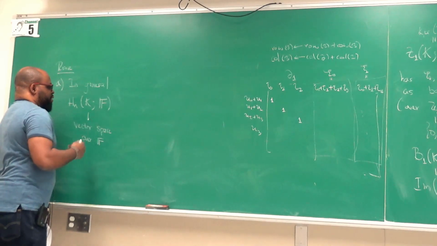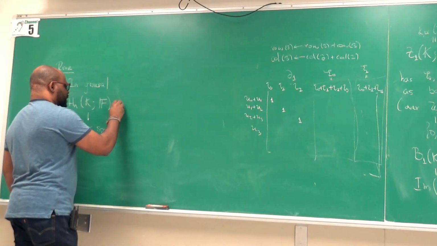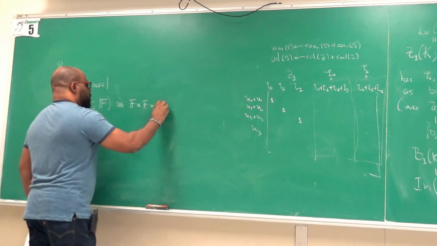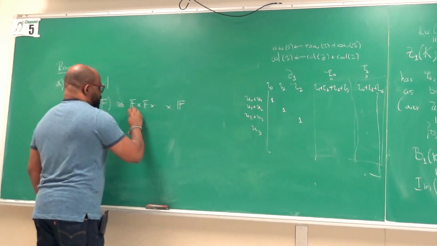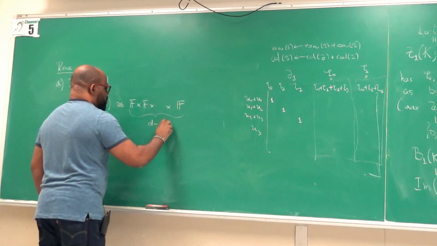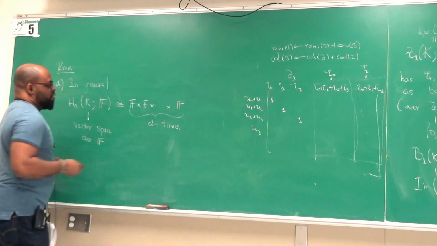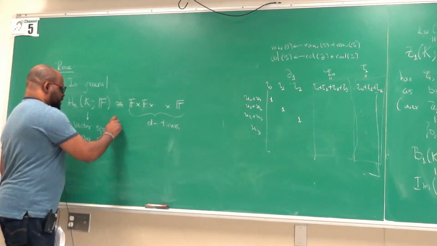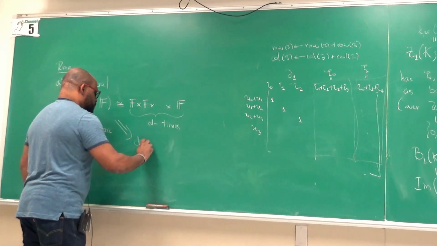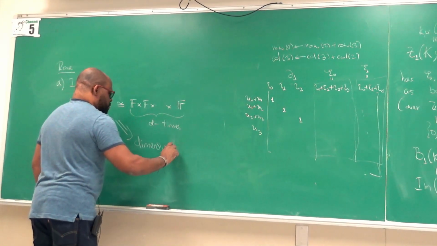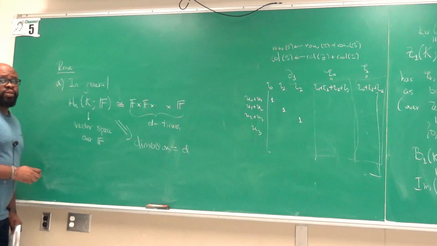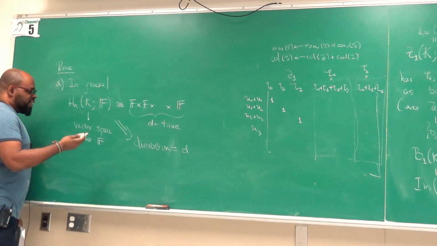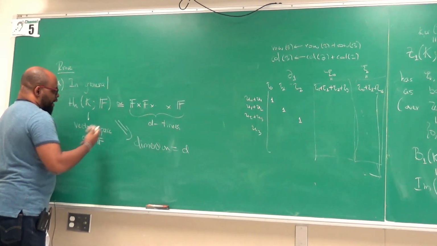So in here, what we're going to get is that this is, as vector spaces, some product of D times F. And then the idea is that this has dimension equal to D. Okay, so that's the number of times this F is being repeated. In the previous example, we got a vector space of dimension 1 again.